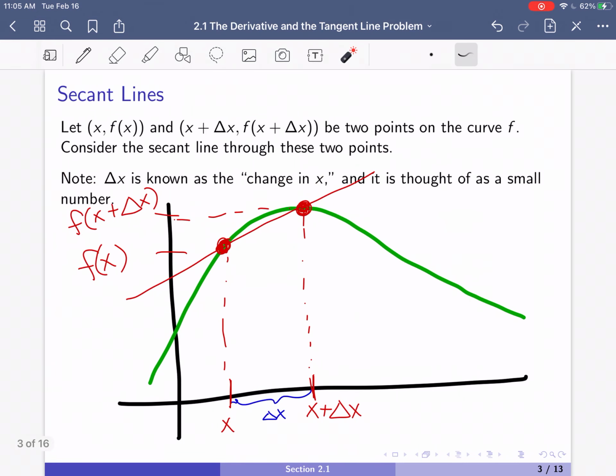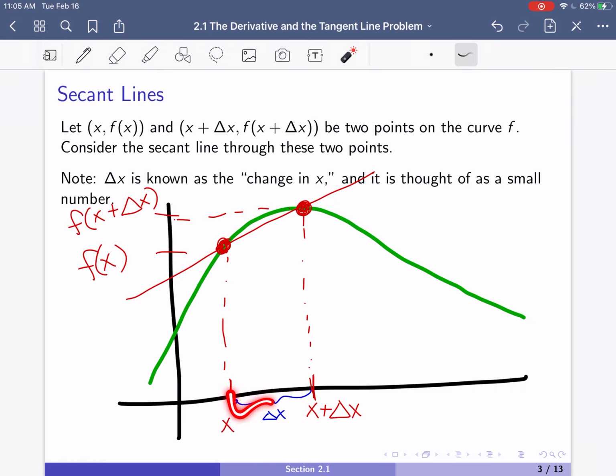Now, we're going to think about what happens as our value delta x, the distance between the 2 x values, heads towards 0. As we think about that distance heading towards 0, this point right here, the second point, is going to move closer and closer to the first point. It's moving along that line and closer to that initial point.